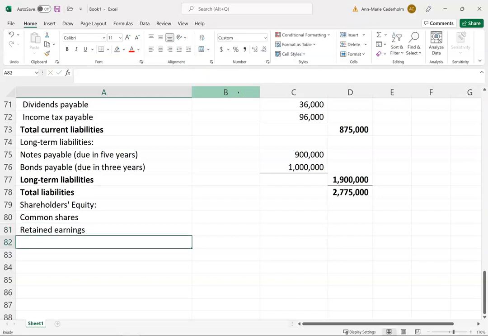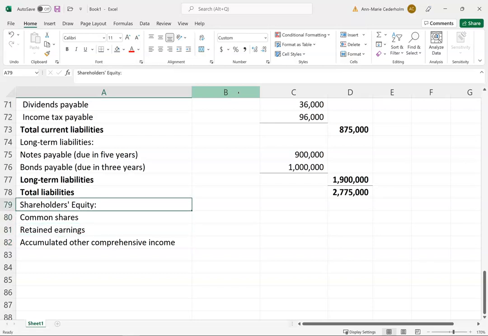And now you already learned about comprehensive income when we did our statement of income and comprehensive income. This is where we'll see the accumulated other comprehensive income. So that would be all of the net amounts from each period's comprehensive income brought over and closed into accumulated other comprehensive income, just like net income is brought over and closed into retained earnings.